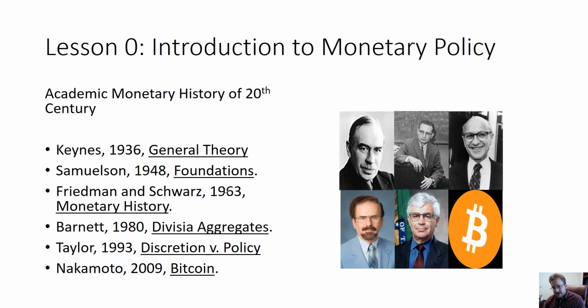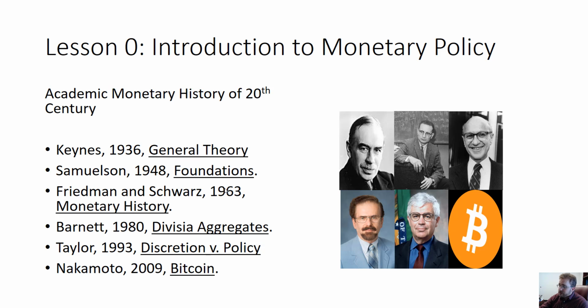And the best way to look at that is through the lens of what William Barnett calls the Divisia monetary aggregates, a literature that he founded in 1979 and 1980 that is still going on, and we'll use some data from the Center for Financial Stability to take a look at how these monetary aggregates behave.